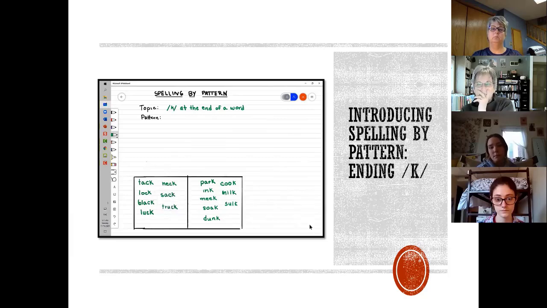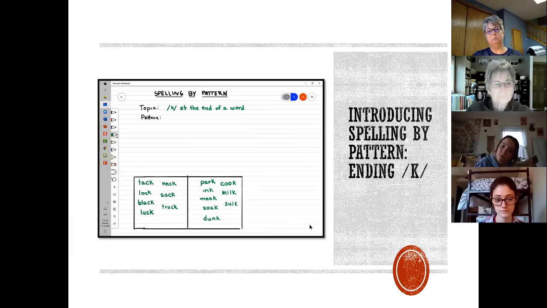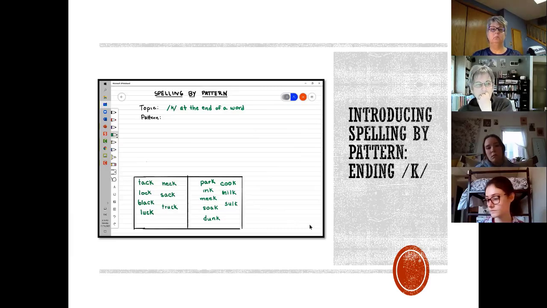Now, the question is, why? Why are some words ending in CK and other words ending in K? And one of the things you can tell your students is to look at the letters that come before the end.